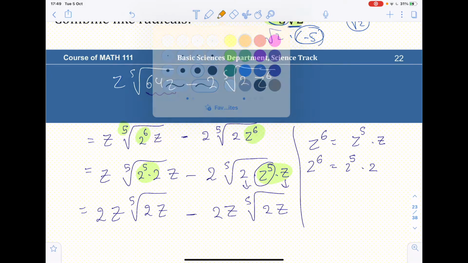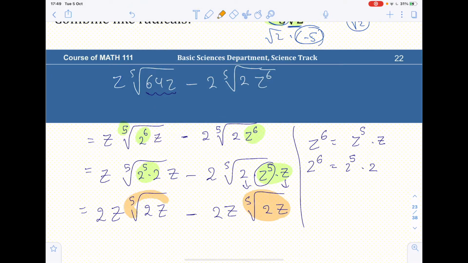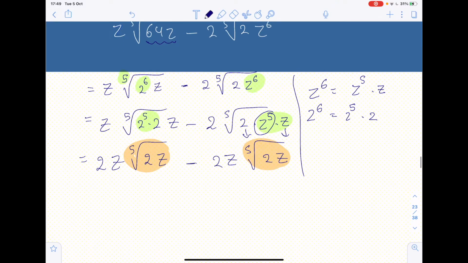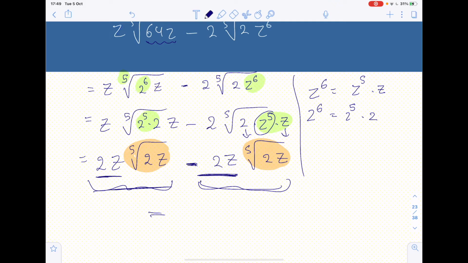Okay, so I have here the similar root or the similar radical. So all what I have to do is just to subtract the numbers here. And as you can see here, we have the same value exactly. So this value minus the same value would be 0.